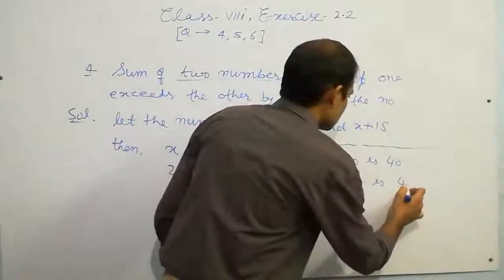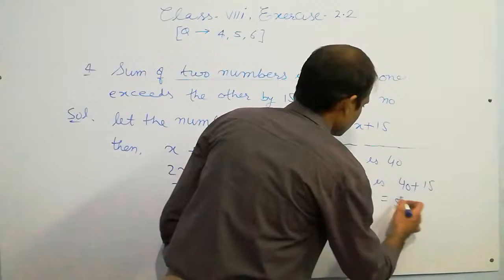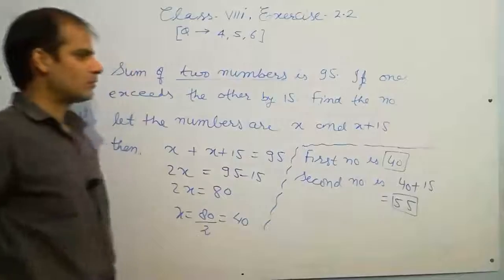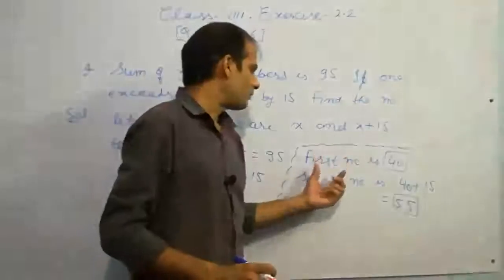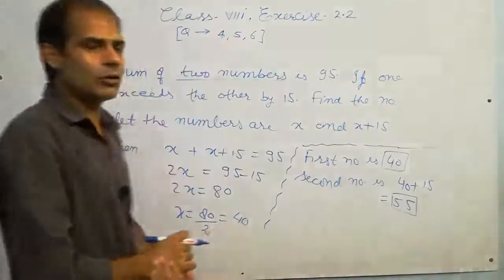So it is 40 plus 15, that is 55. So you can make a box around the values. This is the answer. First number is 40, second is 55, and you can cross check it.